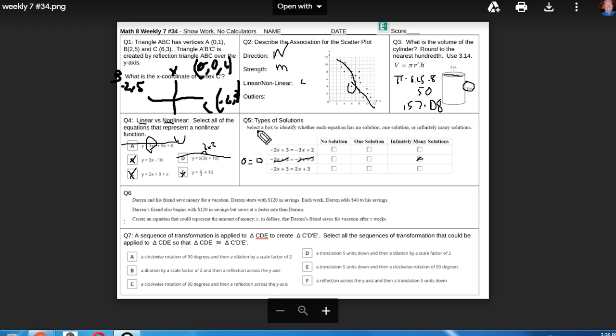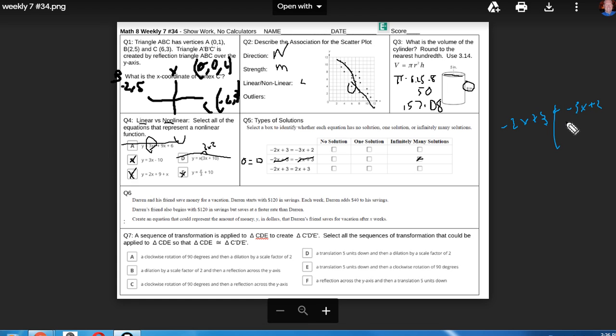Okay, this one, let's do it off to the side. Let me change colors here. We'll get a blue. Okay, so we have negative 2x plus 3 equals negative 3x plus 2.